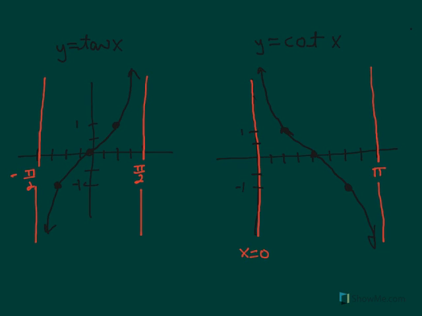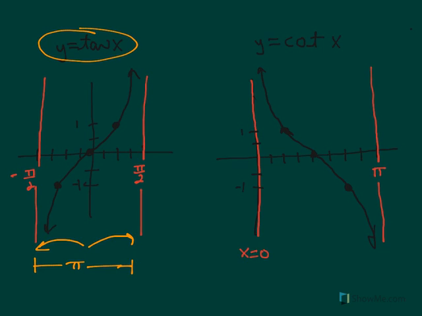And just to kind of recap the two fundamental cycles, one for tangent, one for cotangent. So tangent, the first one we did, so y equals tangent. It's going to have a period of pi for its fundamental cycle. Its period is going to be split, half of it to the left of the y-axis, half to the right. So it's going to go pi over 2 to the left and pi over 2 to the right.